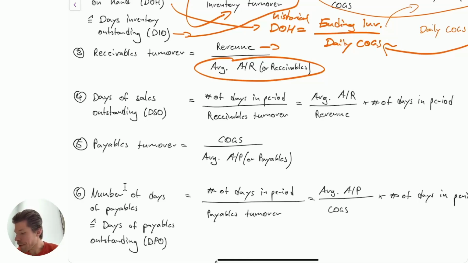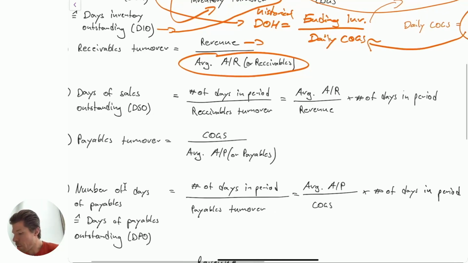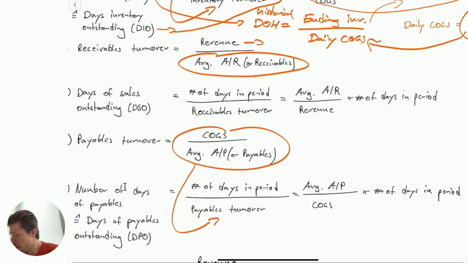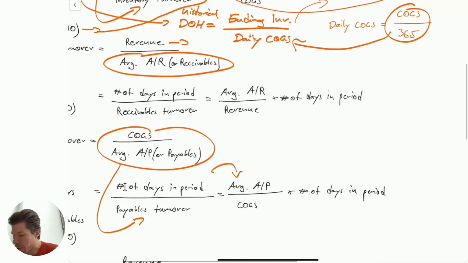Cost of goods sold divided by average accounts payables, and then here we get a magnitude, we really get a ratio, whereas here, number 6, the number of days in the period, many times 365, divided by this formula. So if we plug this in here, we basically get average accounts payable divided by cost of sales times 365 most of the time.